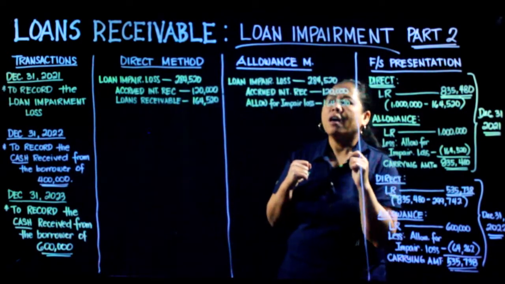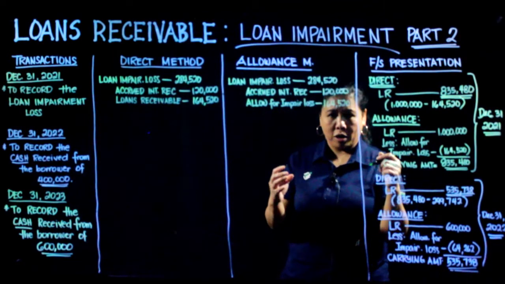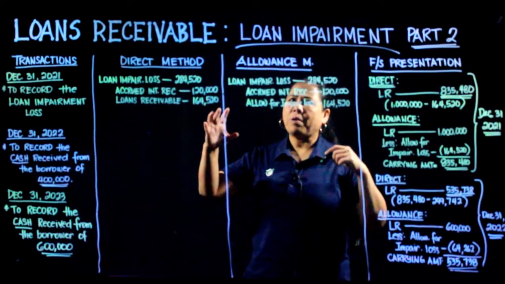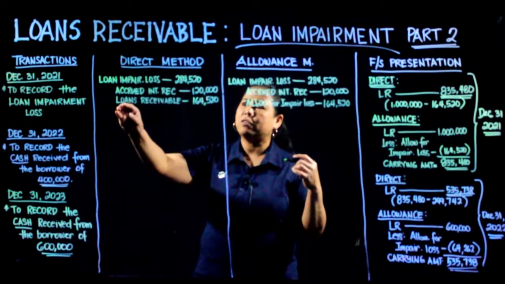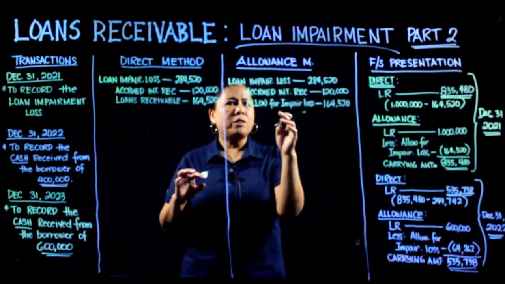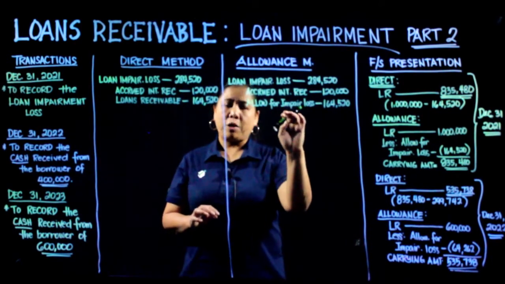Alright. Pwedeng tanungin ka kung magkano ang allowance for impairment loss sa problem. So, ito ang answer mo. So, ang difference between the direct method and allowance method, kung titignan mo, dito sa direct method, directly minus sa loans receivable. Dito naman sa allowance method is nag-create tayo ng account called allowance for impairment loss.